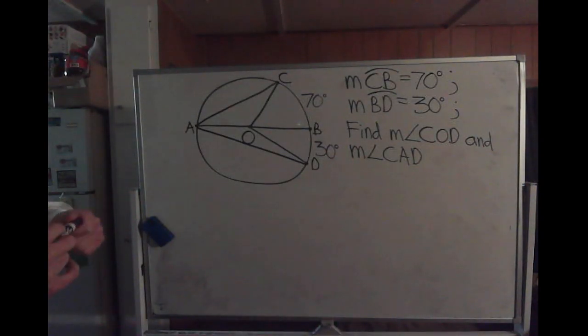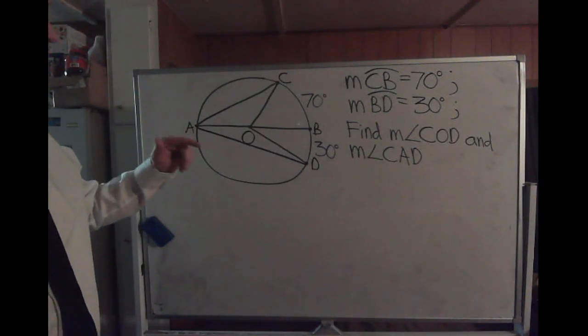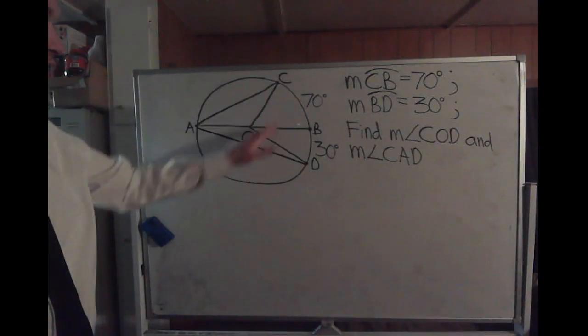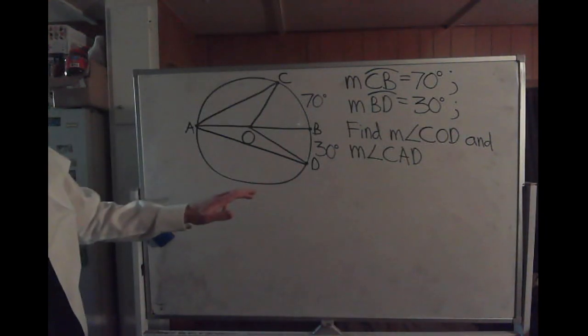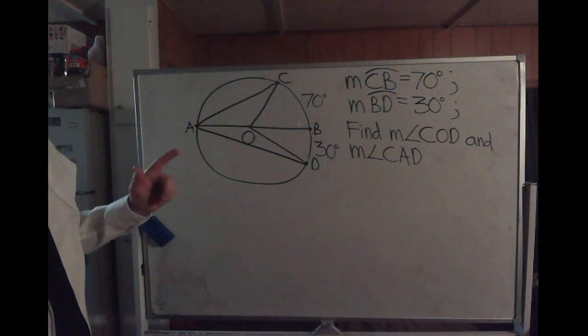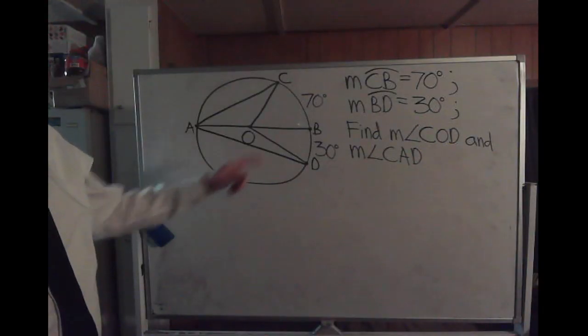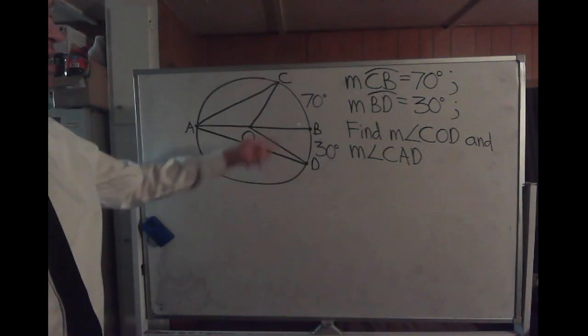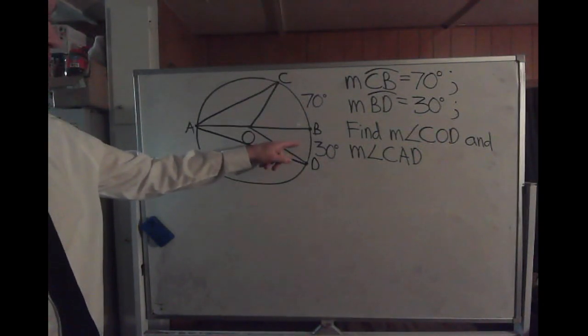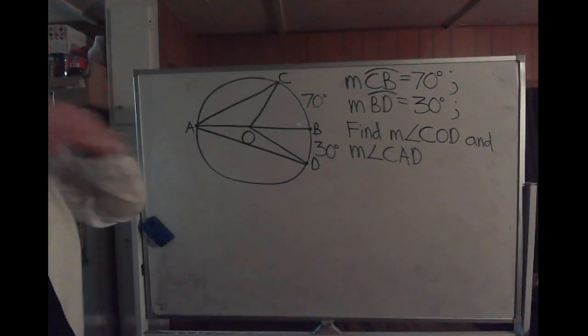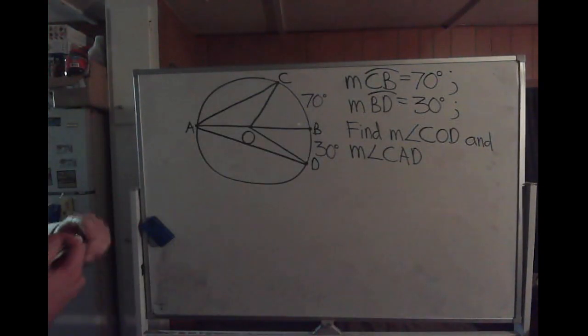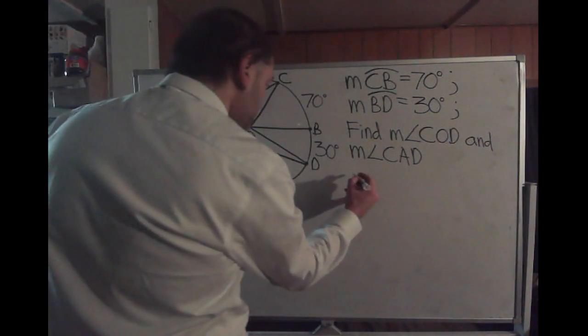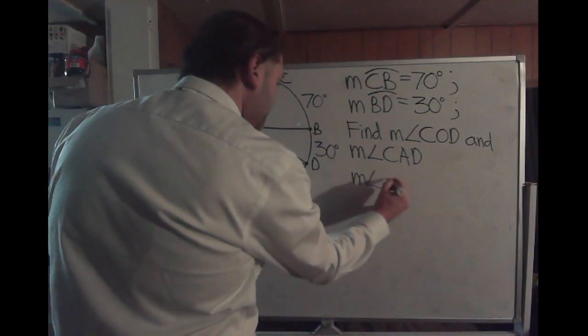Okay? So if we're going to consider now the whole angle COD, what is that going to be for us? It's going to simply be both of these arcs put together, which would be 70 plus 30.